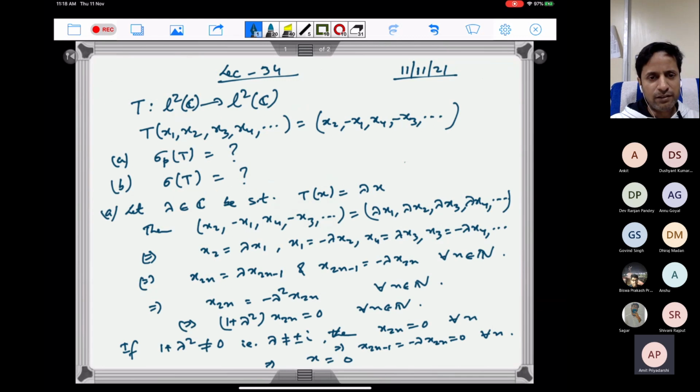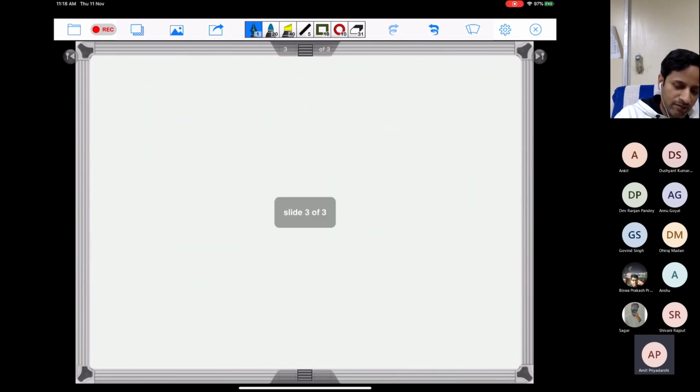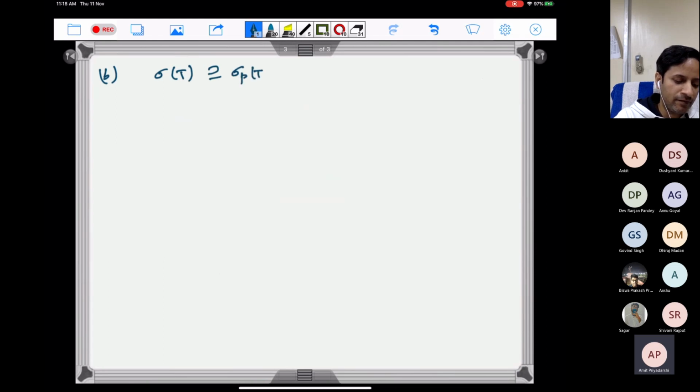Now the main part is about this second one. Now how do I find the spectrum? So of course we know that sigma of T contains sigma_p(T), which is equal to plus minus iota.